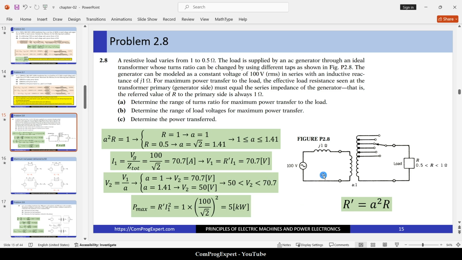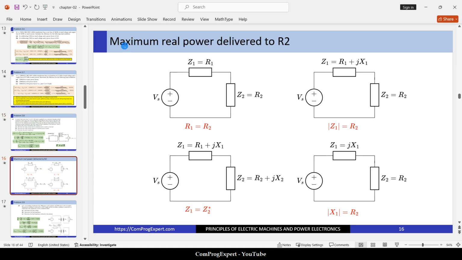So you know we can refer the load to the primary side, perform calculations, and consider the maximum real power delivered, right?